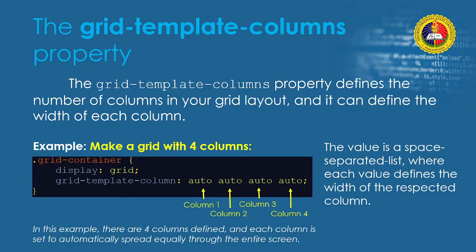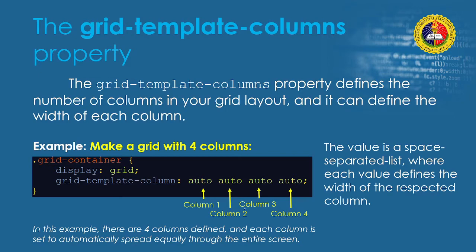So in this example, make a grid with 4 columns. So using this property, grid template columns, it will allow us to set how many columns there are and the actual size of the column as well. So for example, display is grid, and then grid template columns we have auto, auto, auto, auto. How many? Okay, since we have 4, right? 1, 2, 3, 4.